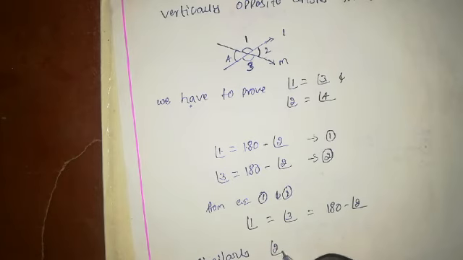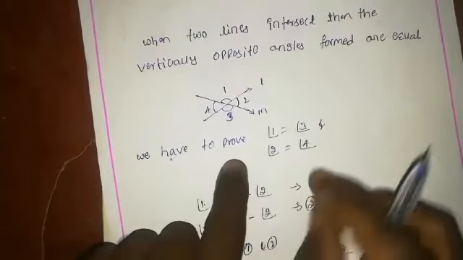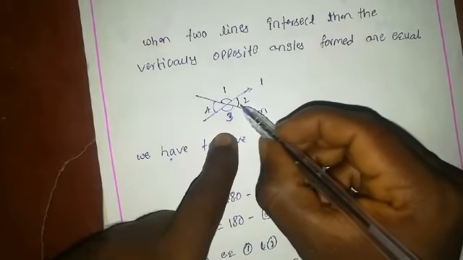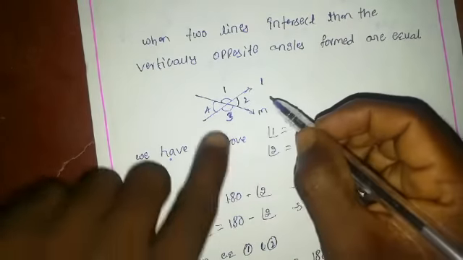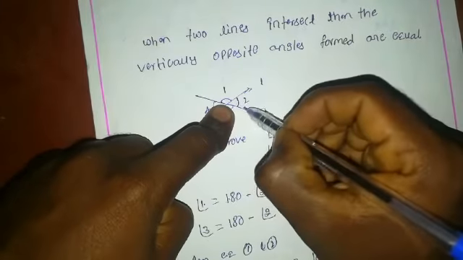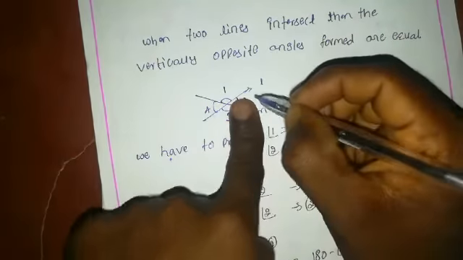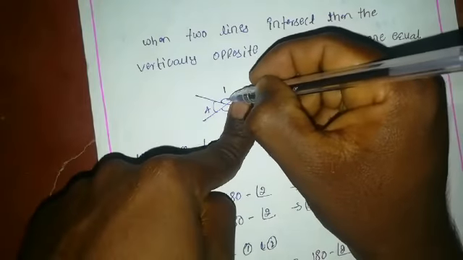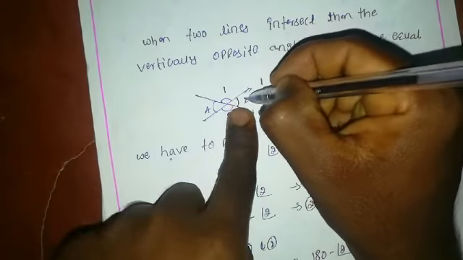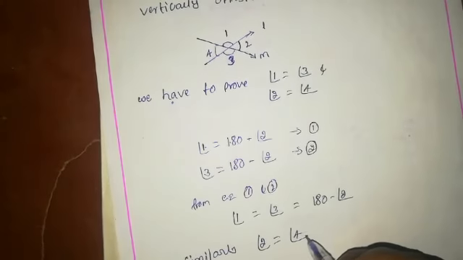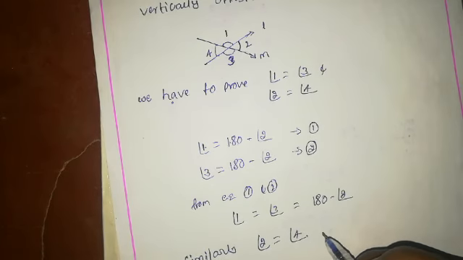Similarly, angle 2 is also equal to angle 4, because when finding angle 2 it is 180 minus angle 1, and when finding angle 4 it is also 180 minus angle 1. The measurement of angle 2 and angle 4 is the same. So when two lines intersect, the vertically opposite angles formed are equal.